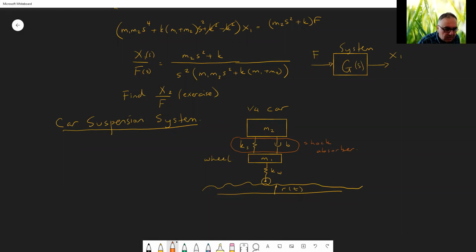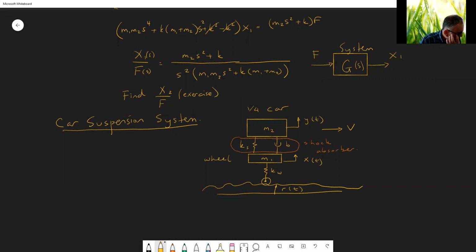The motion of the wheel is x of t, and the motion of the car is y of t, 1/4 of the car at least. And this whole thing moves with a velocity of v, but we are not interested in that. We are interested in the vertical vibrations of this thing, not in the horizontal motion.